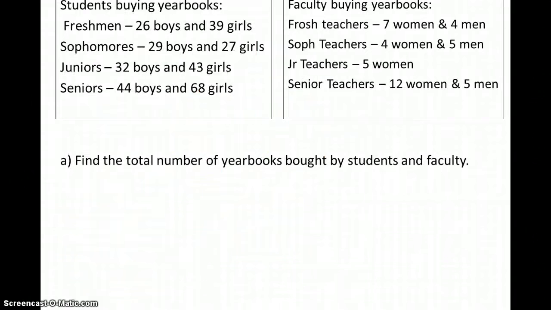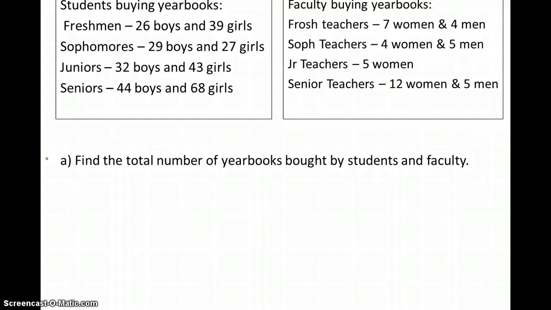Finally, in front of you, you have 2 different sections of information. Our directions are find the total number of yearbooks bought by students and faculty. To do this, instead of creating an Excel worksheet, we'll be the Excel ourselves.